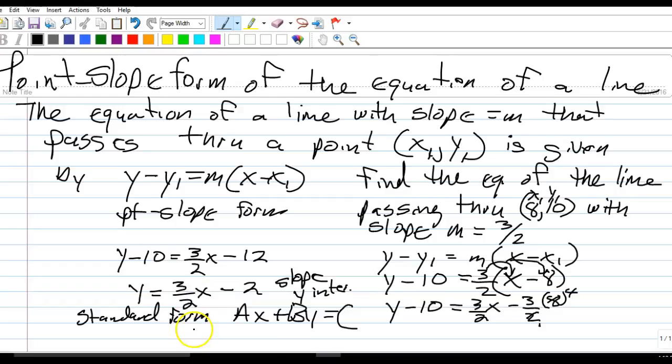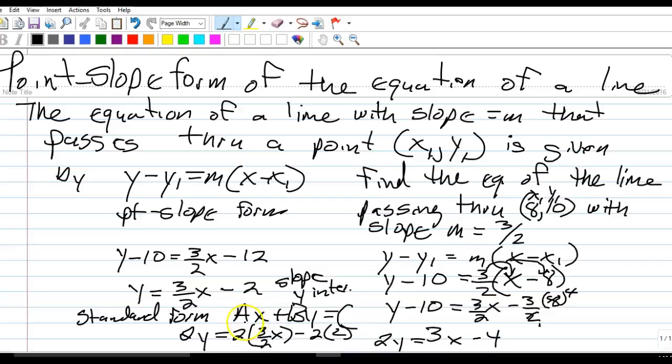So what I need to do here is multiply everybody by 2. So that would be 2y is equal to 2 times 3 halves x minus 2 times 2. I'm multiplying everything through by 2. So that gives me 2y is equal to, here the 2's will cancel, 3x minus 4.